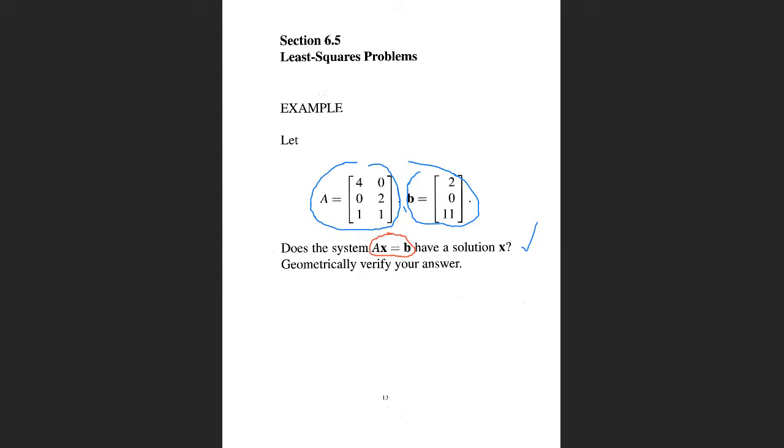If 3 equations and 2 unknowns had a solution, what would that tell us about 2 of the equations? At least 2 of the equations would have to be what?